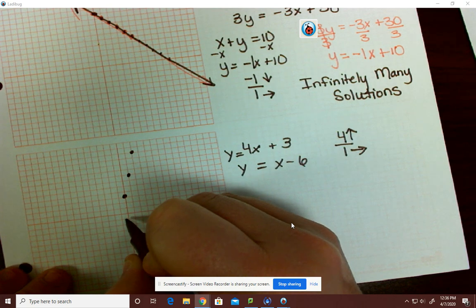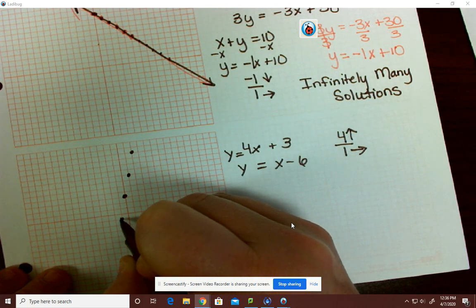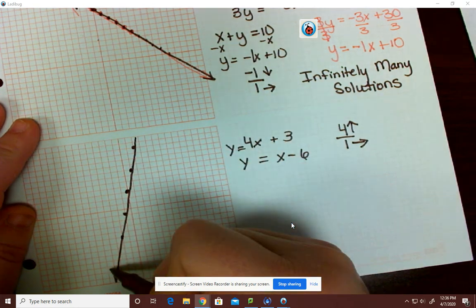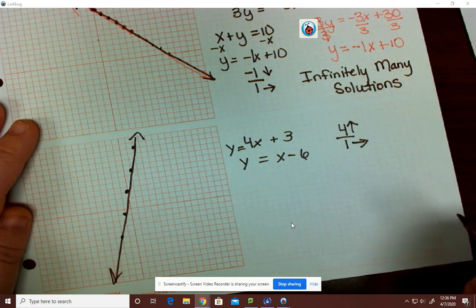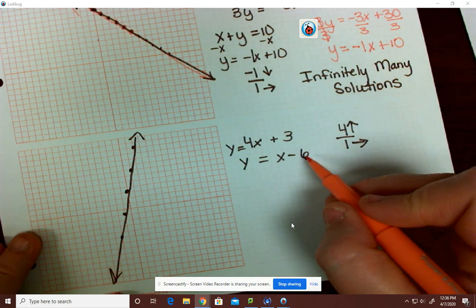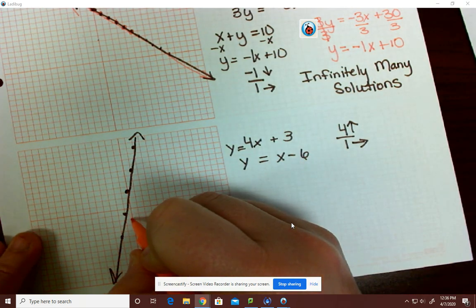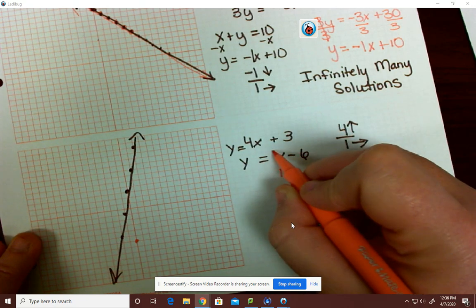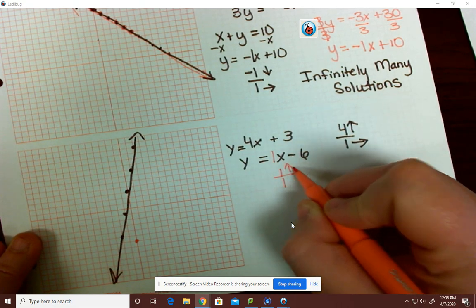I can go down 4 and left 1 to get some points this way. And then for this line, the y-intercept is negative 6. And the slope is 1, because that's understood to be a 1. So that's up 1 over 1.